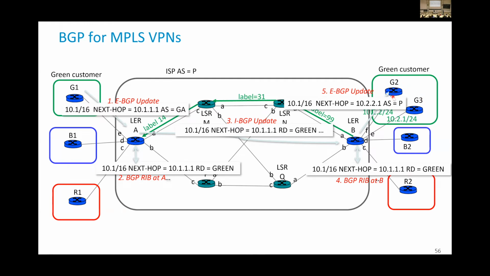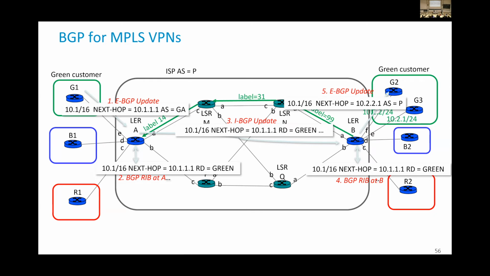So this is a case where redistribution is typically done. Therefore, G2 and G3 will learn that 10.1 exists and has to be sent to B instead of being routed in different ways internally. So we see that this mechanism allows us to do things that otherwise would be completely impossible.